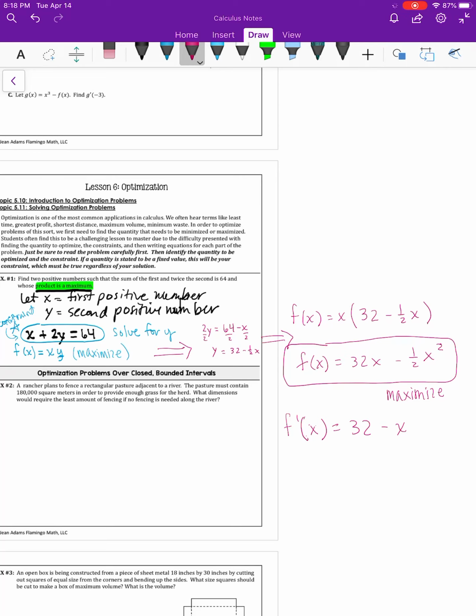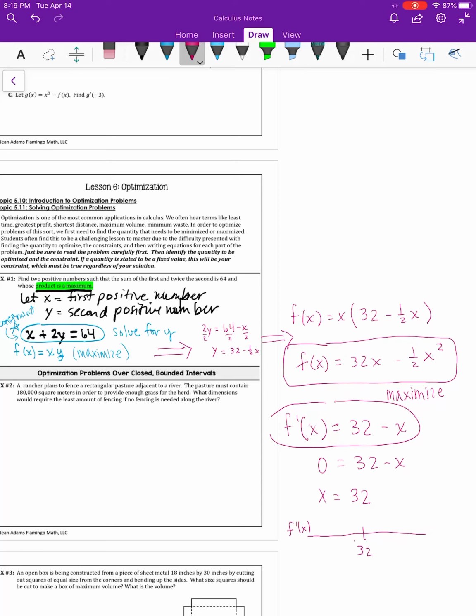So we're going to take the derivative: 32 minus, when I bring the 2 down, that becomes a 1, x, set it equal to 0. I'm going to add x to both sides. x equals 32.